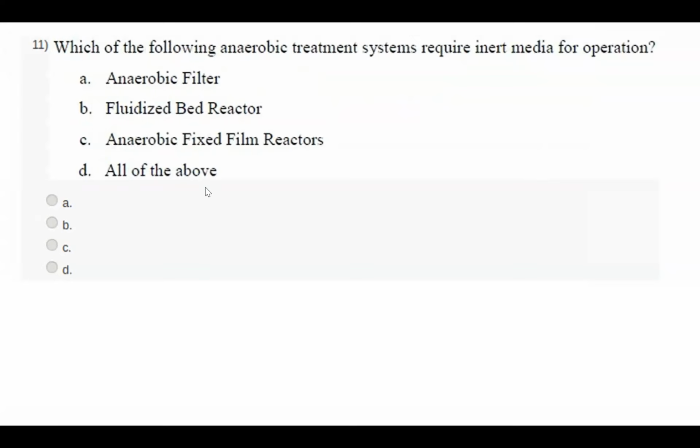A, anaerobic filter; fluidized bed reactor; anaerobic fixed film reactor. Yes, all of the above. All of them need inert media for operation.